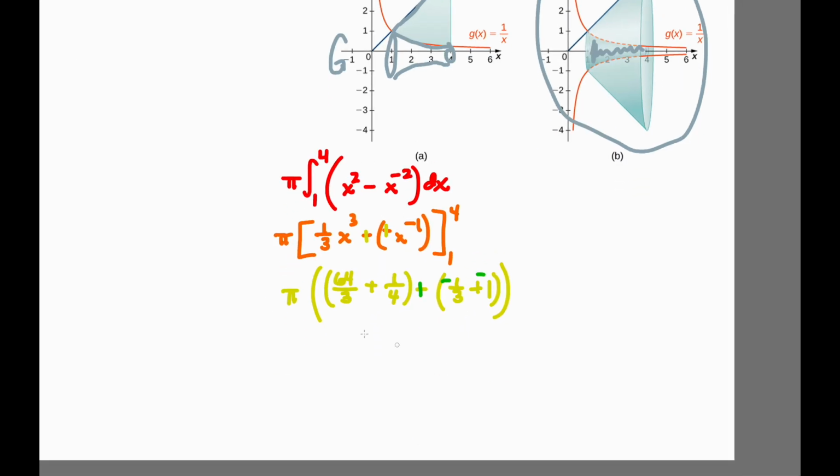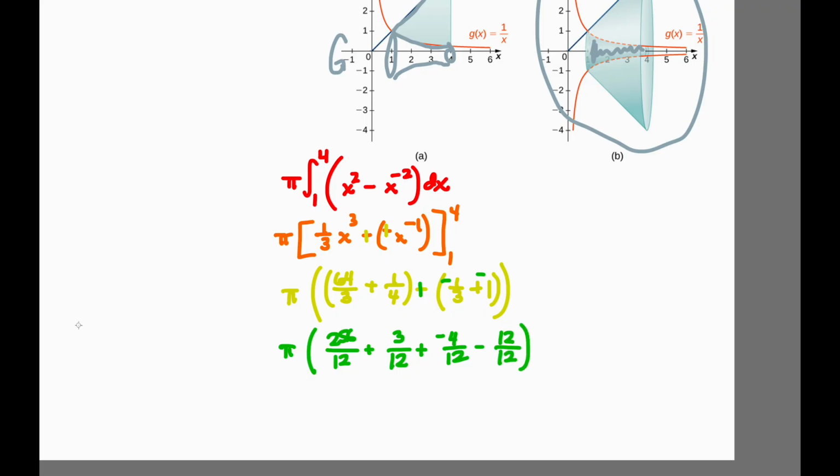And just to have common denominators on all these, we'll just do 12. So that 64 times 4 is going to be 256 divided by 12. Plus, again, we want a denominator of 12 here, so we're going to put a 3 there, plus negative 4/12. Multiply the top and the bottom by 4 there, and then minus 12 over 12.